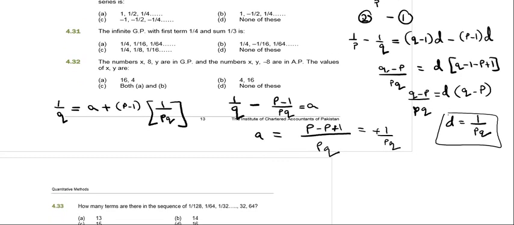We are supposed to find the sum of pqth term, which will be, n is pq, so pq over 2, 2 into a is 1 over pq plus n or pq minus 1 into d is 1 over pq.